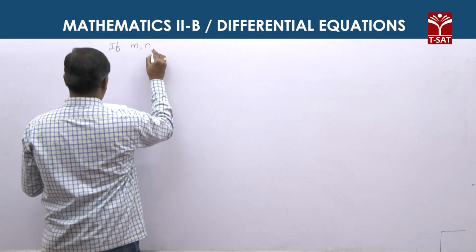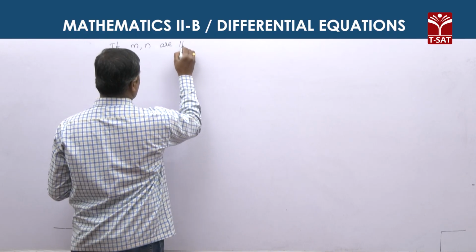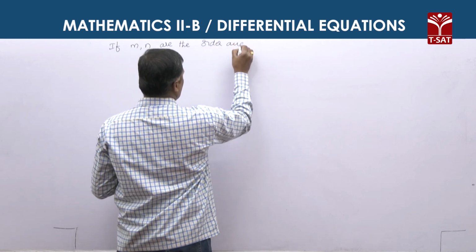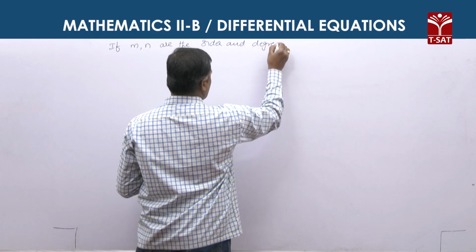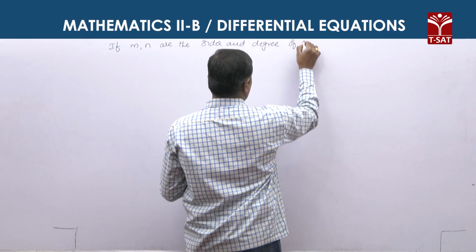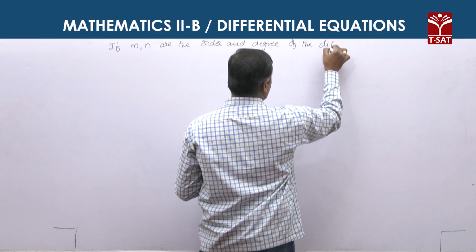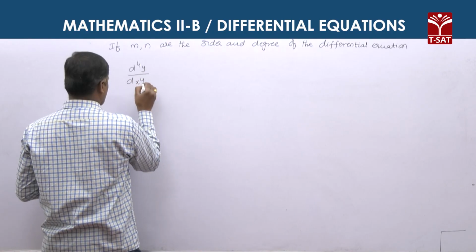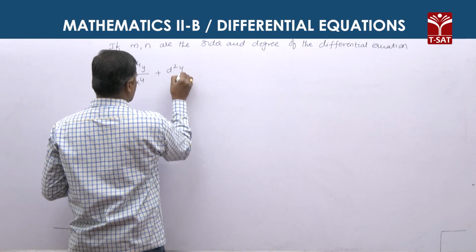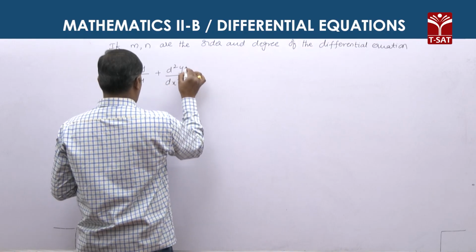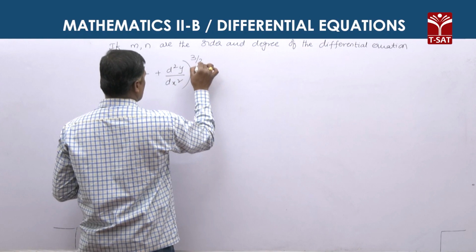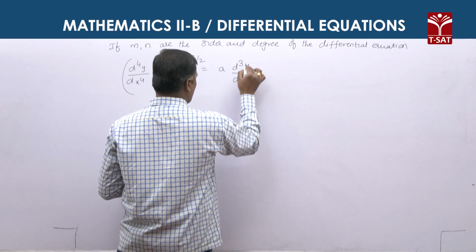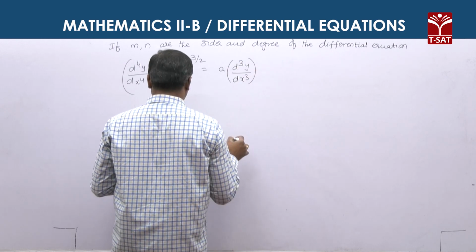m, n are the order and degree of the differential equation d power 4 y by dx power 4 plus d square y by dx square whole power 3 by 2 is equal to a into d cube y by dx cube, respectively.